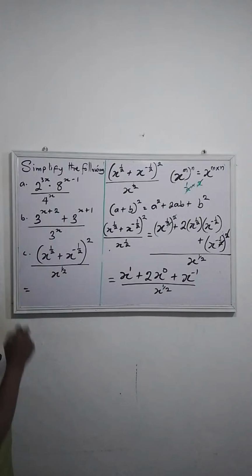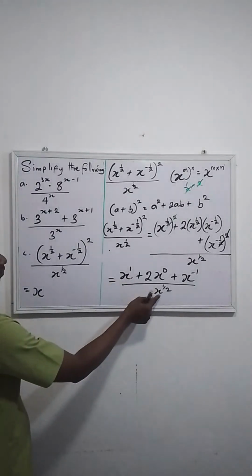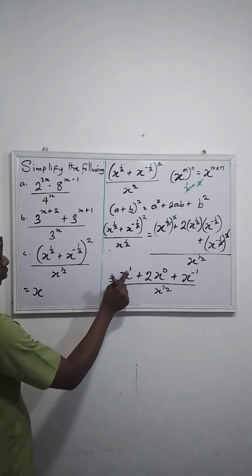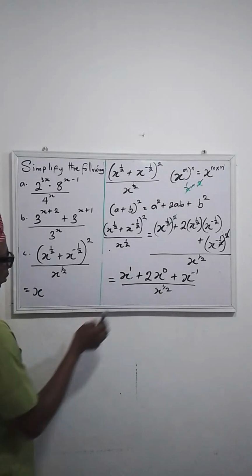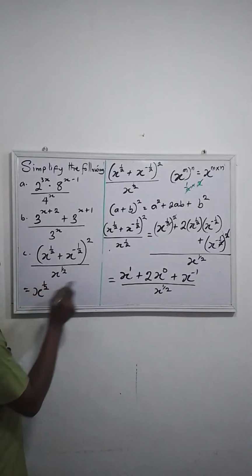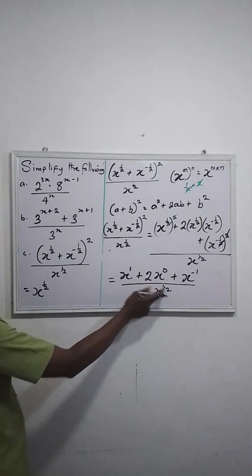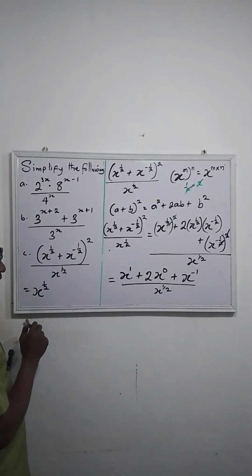So now we have x raised to the power of, now don't forget the law of division. Whenever you are dividing and we have the same base, we subtract the powers. So this is going to be 1 minus half. So this is 1 over 2, because 1 minus half is half. So we have x raised to the power of 1 minus half.